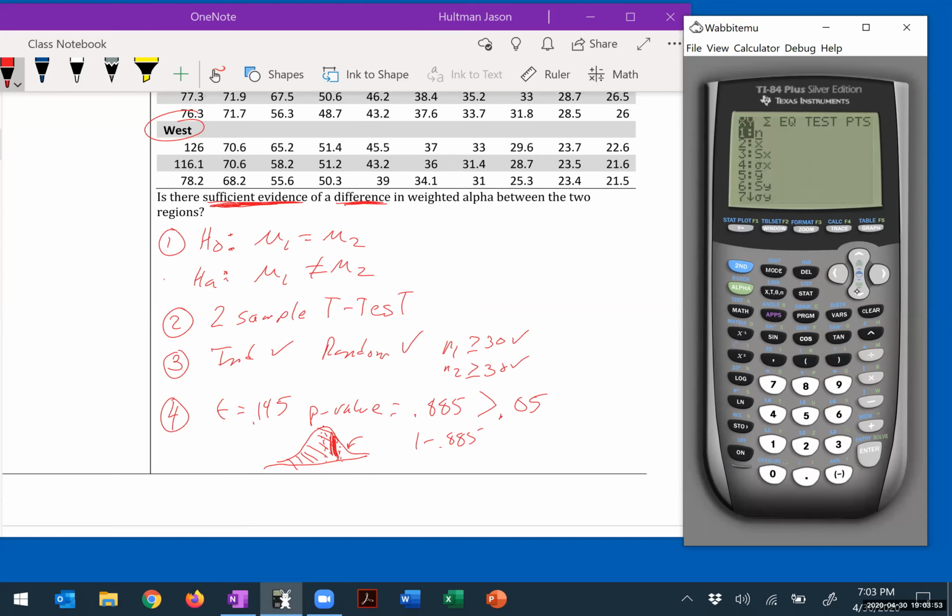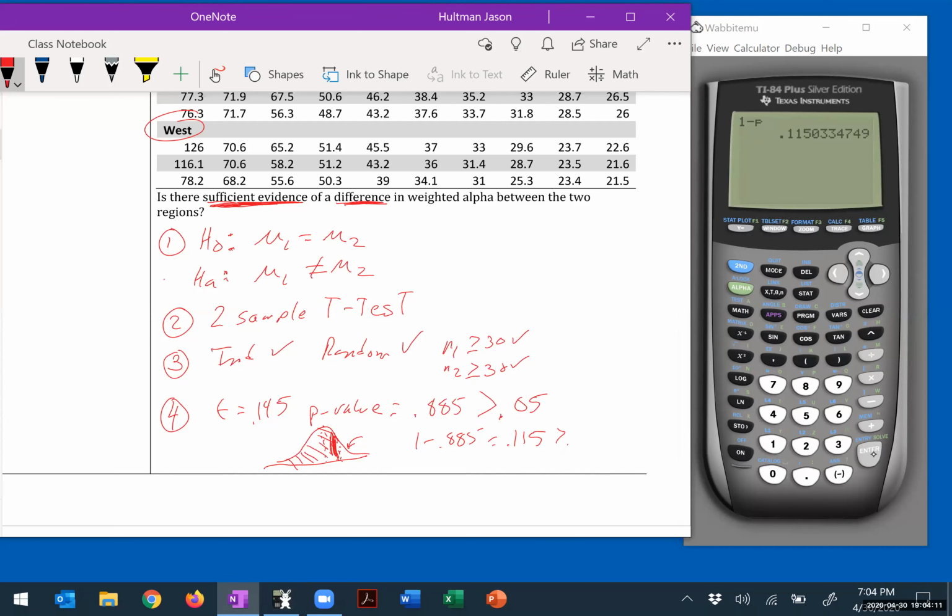I want lowercase p. Yes, it's right there. So I do 1 minus lowercase p. And it tells me that it's 0.115, which is still bigger than 0.05.